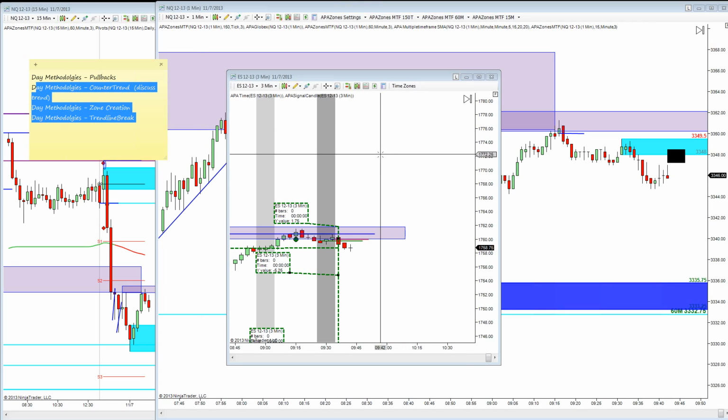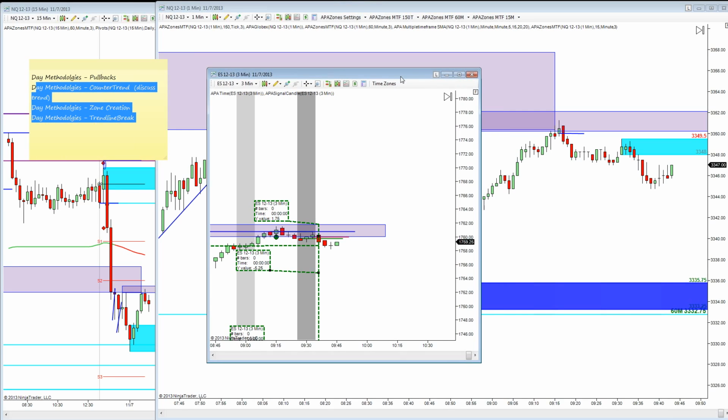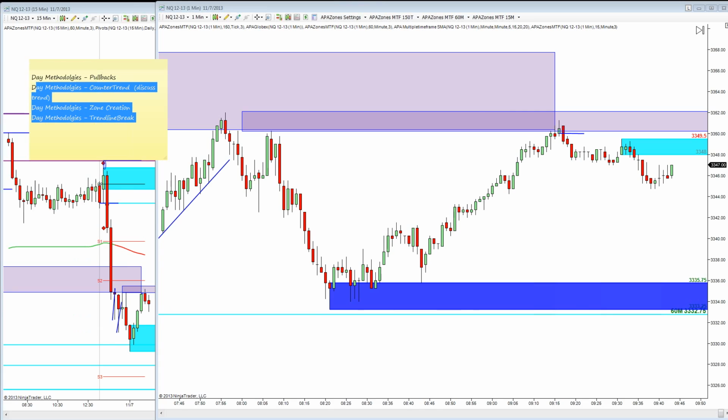I'm going to use my stuff for sure, but I'm also going to try to pull in some other traders to get their perspectives, because when we talk about entry signals, I've seen so many different traders that use zones come out with different entry methodologies. Ask 5 traders what they use for an entry and you get 5 different answers.